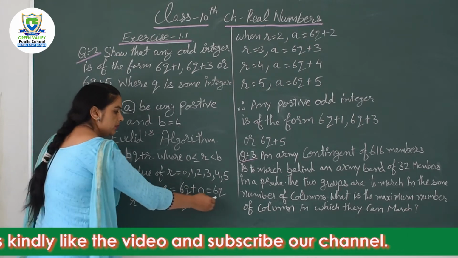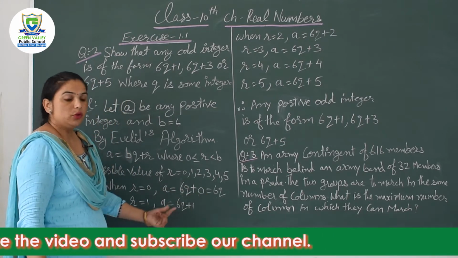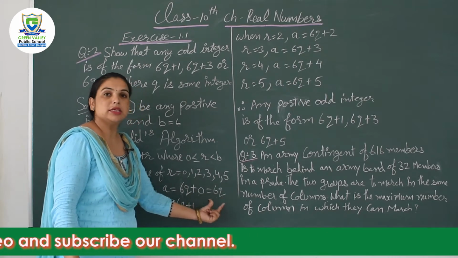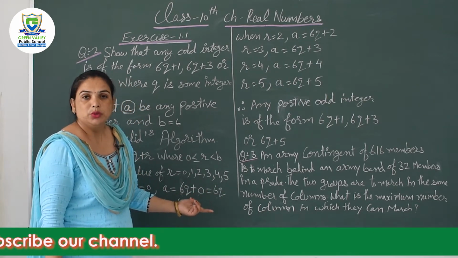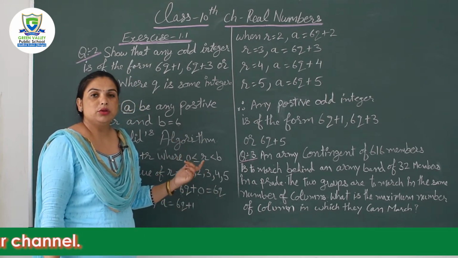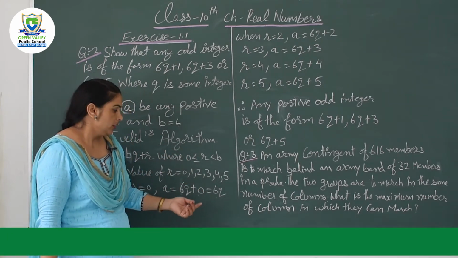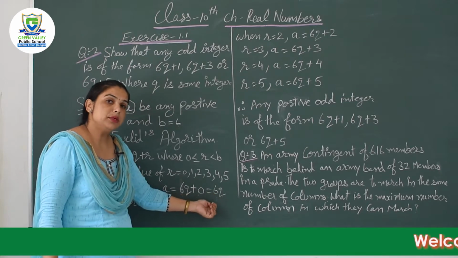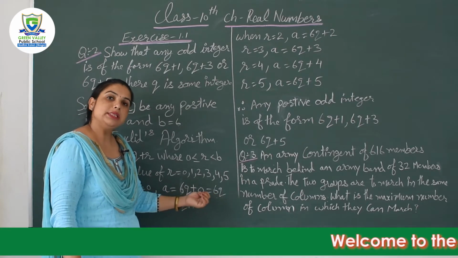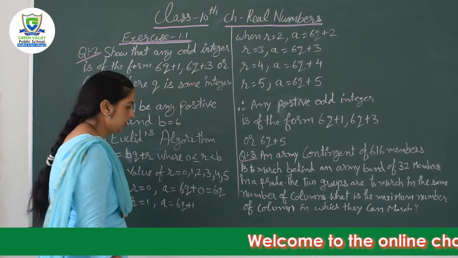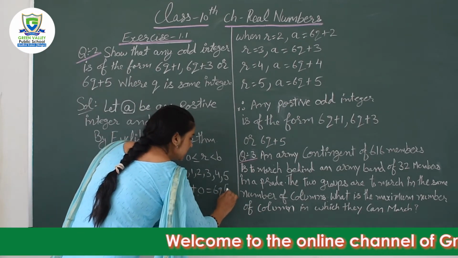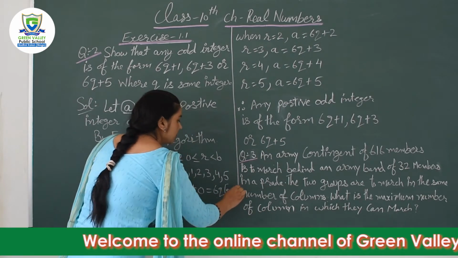It will become 6q. So if you check, student, 6 is a multiple of 2. We have learnt about numbers and we know 2 is an even number and 6 is a multiple of 2. It means 6 is also an even number. So we can say this is even.